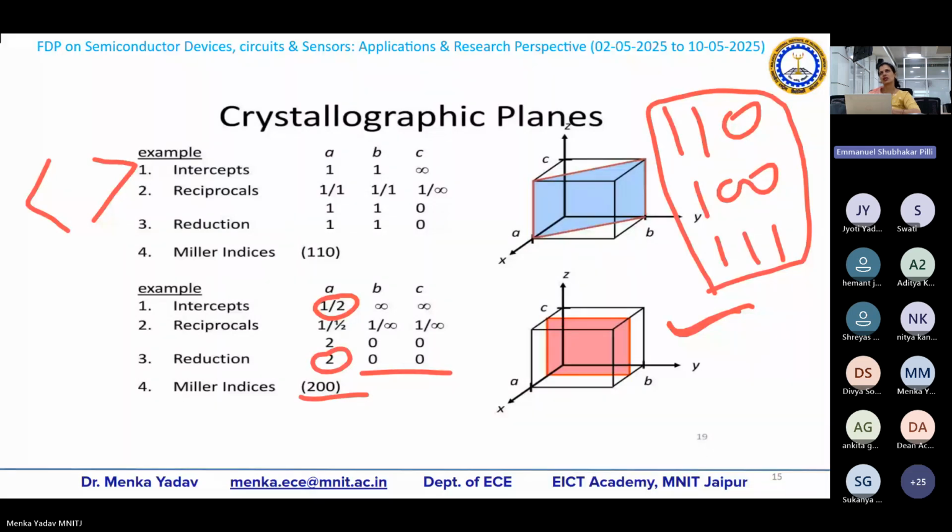These different planes will have different surface properties, different strain conditions, and different mobility. A little bit of tuning is going to happen. Based on that, these different types of planes are discussed.